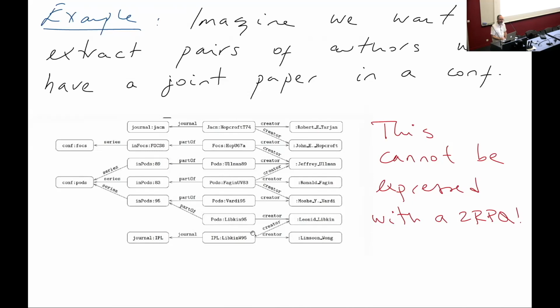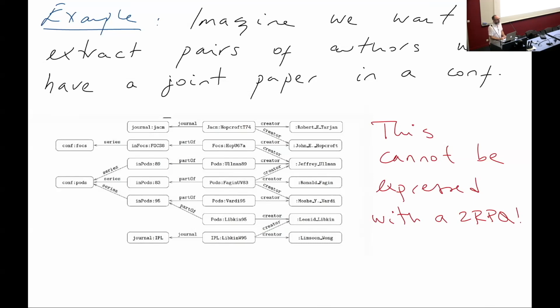So you get lost in this path, and you may end up in a different author. So you may conclude in this way, for instance, that Bardi and Lipkin have a joint paper in a conference, which is not the case, at least in this graph data. So this cannot be done with a two-way regular path query.